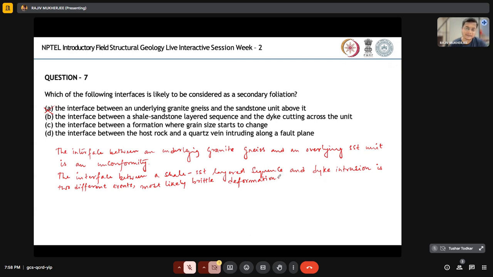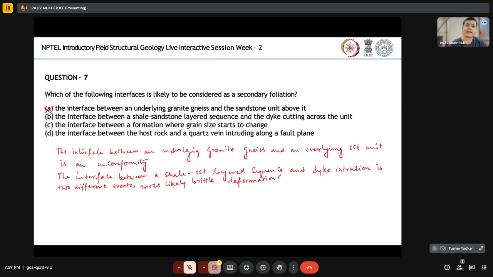But at the interface, due to the intrusion of the dike and due to possible rise in temperature, probably near about 700 to 800 to even 1000 degrees centigrade, a dike can actually cause high temperature plastic deformation of the materials, especially the sandstone shale alternate sequence.